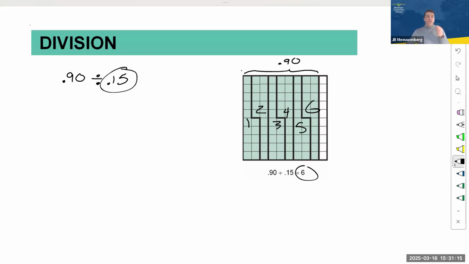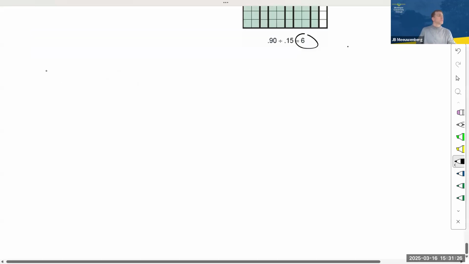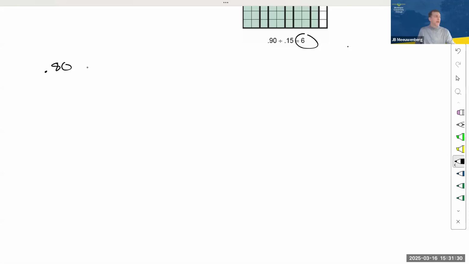Another way is using the sharing or the partitive concept. And so the next one I will show you using that concept is 0.80, 80 hundredths, divided by 4. When we're dividing by a whole number, the sharing concept is very helpful.